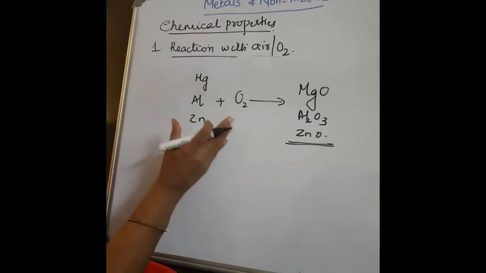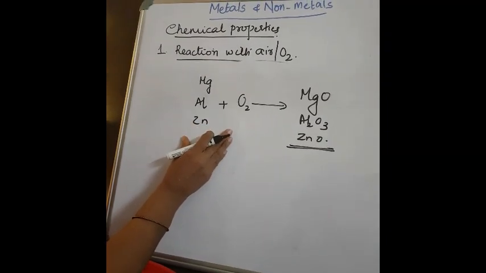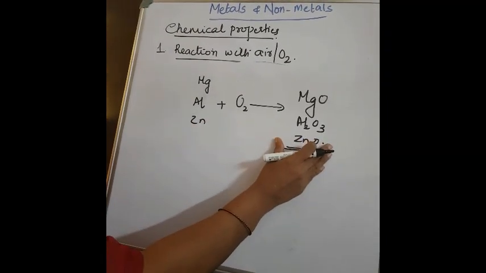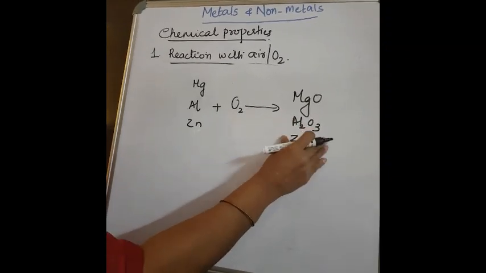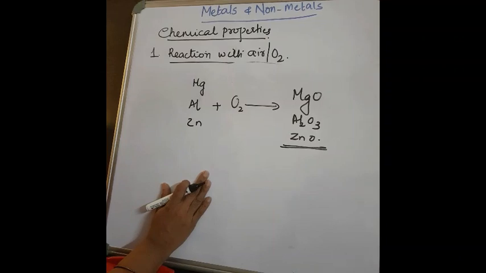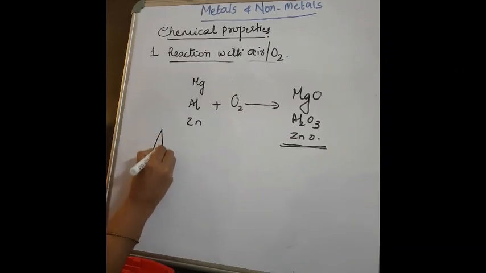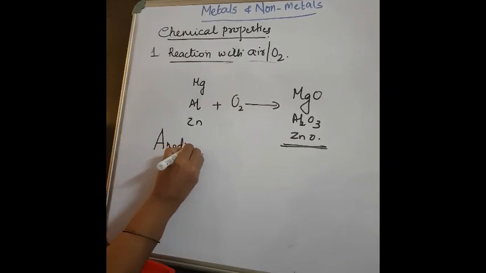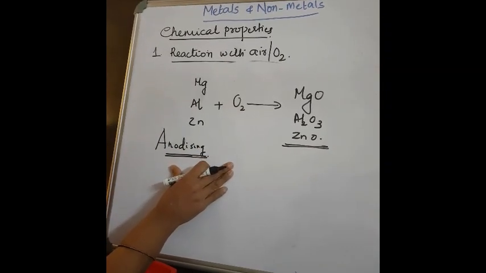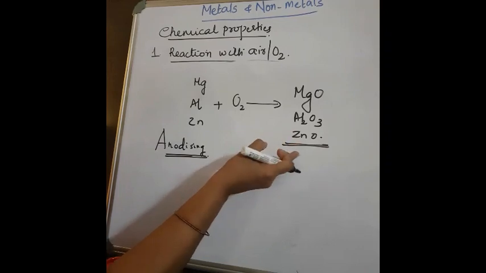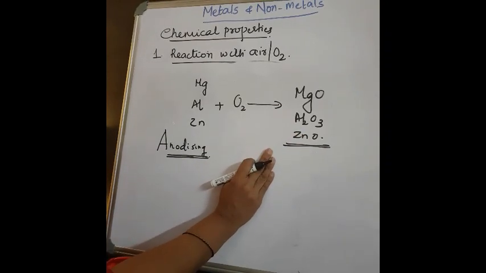So, by a chemical method, we can make a protective layer of oxides in a metal. And that process is called anodizing. What is anodizing? Anodizing means making a thicker layer of oxides.